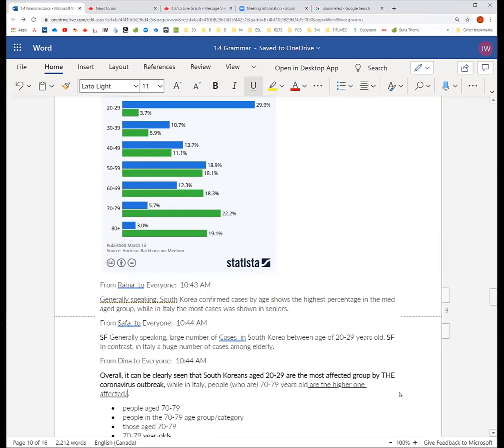The greatest? Are the group most affected? You could flip it around. Have the most cases.